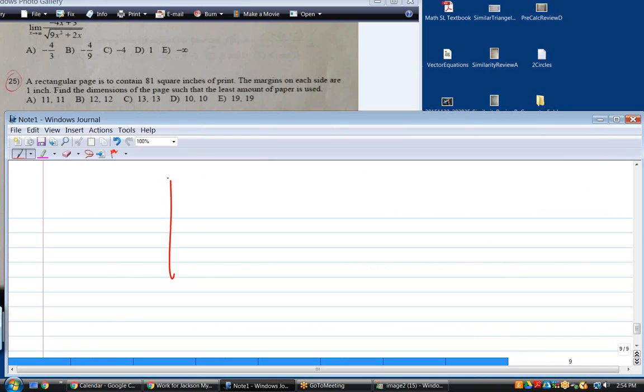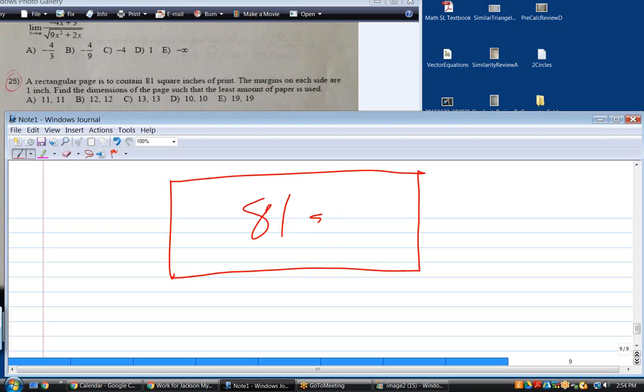A rectangular page is to contain 81 square inches. Margins on each side are 1 inch, and the printed area is 81 square inches.